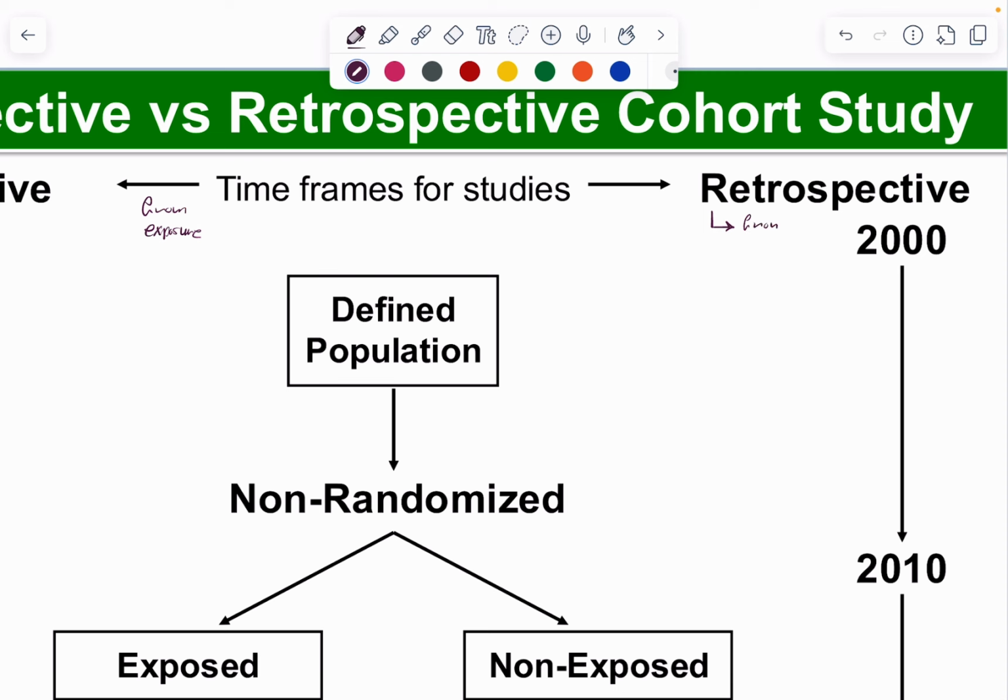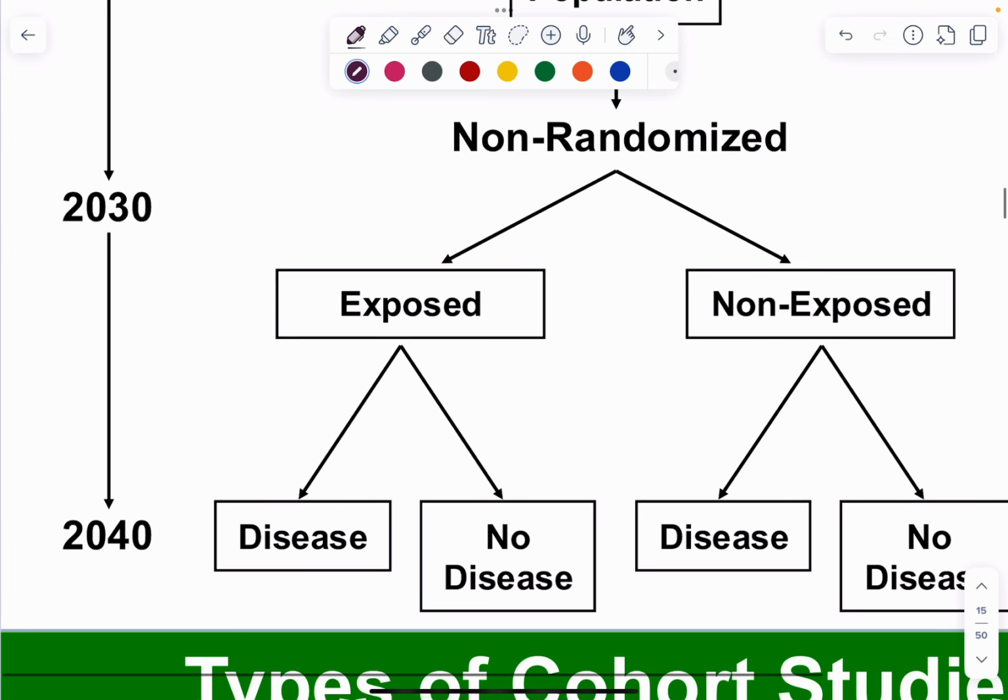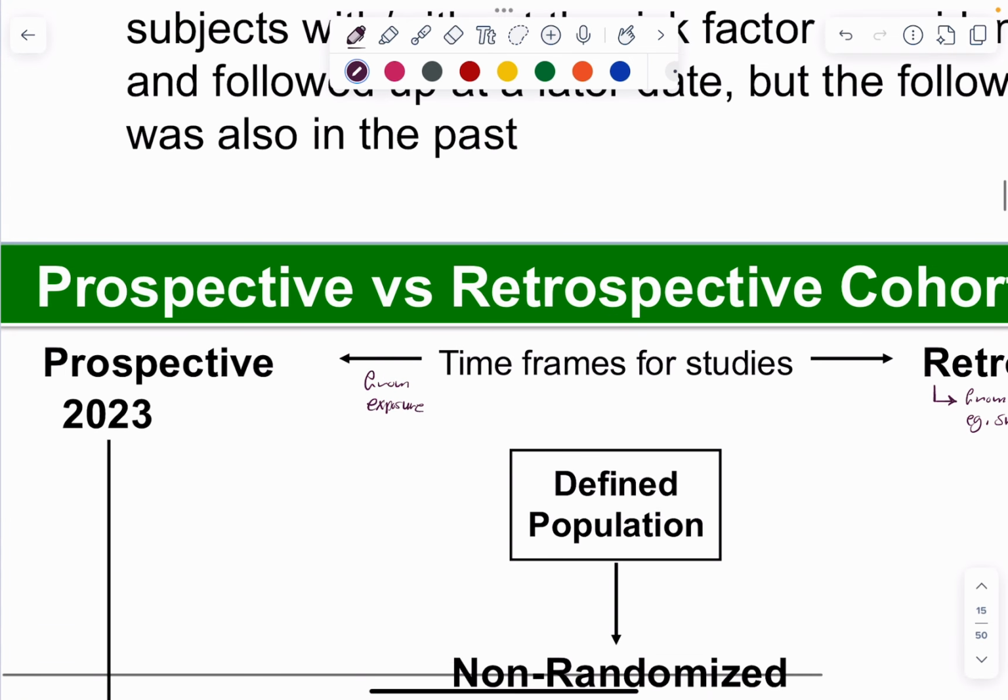How will we identify them? We will ask them, of course, or we will get it from the hospital data. So that cohort we will identify with all the smokers, and then we will follow them up back in time. Again, we have to rely on their memory or the files, right?